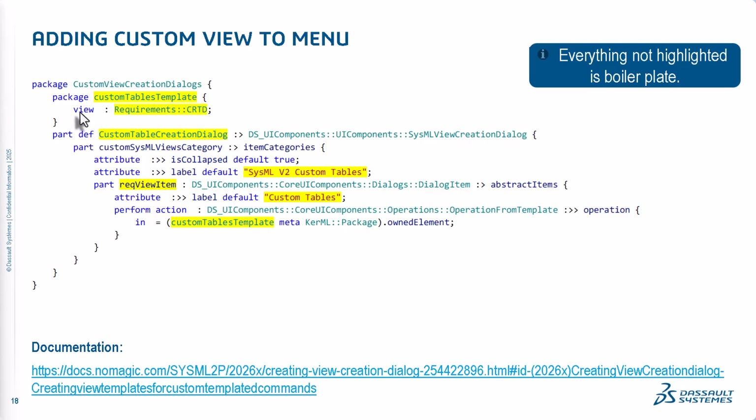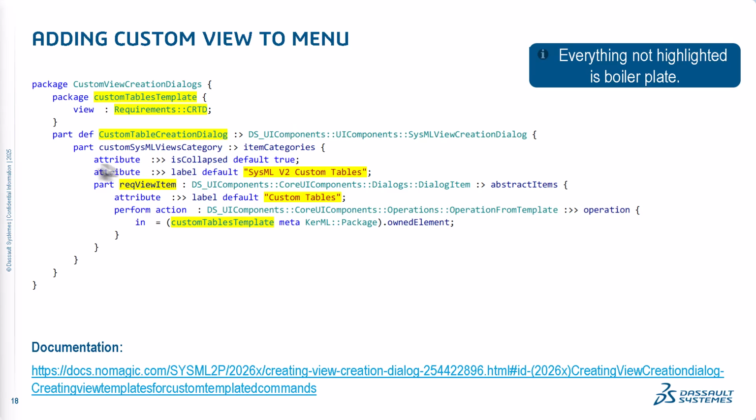And then you put in the views, your custom views. And then you have to create a part definition for this. So again, custom table creation dialog. And then we are typing it by this boilerplate. This is something that is really kind of specific to our tool, so I wouldn't say try to memorize it.